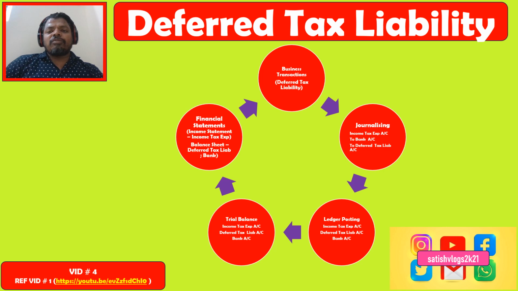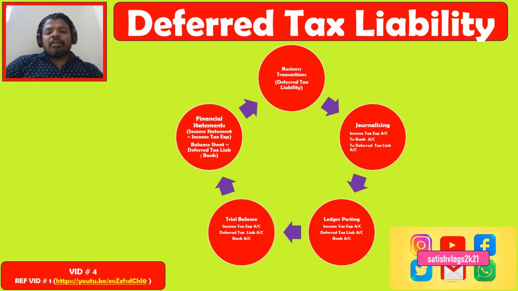Even though the tax is paid to the department authorities at a lower side, over the time that would get reversed out and would get adjusted accordingly. So hence till that point of time, that excess would be considered as a deferred tax liability.